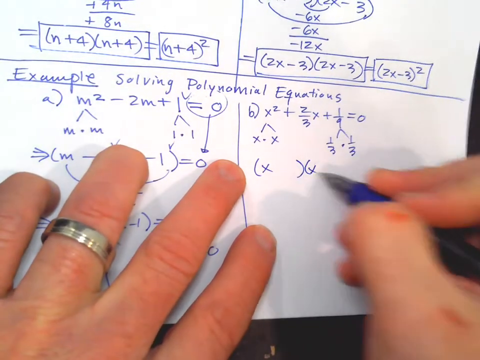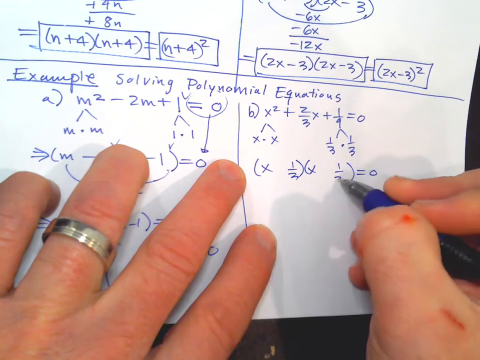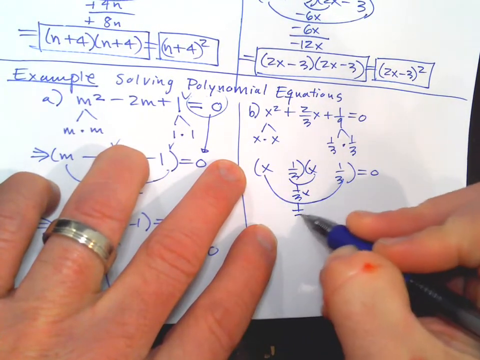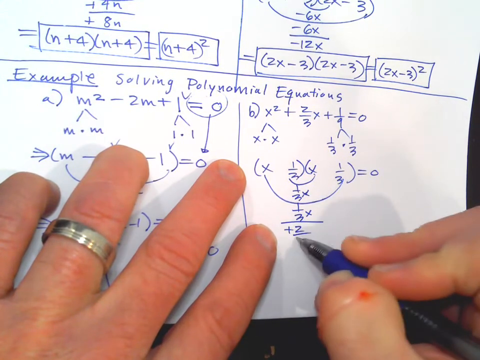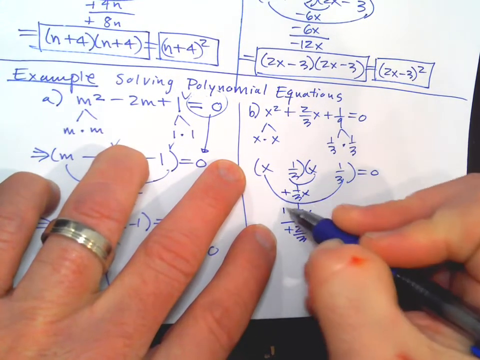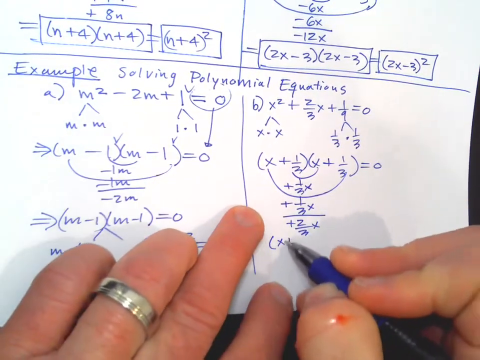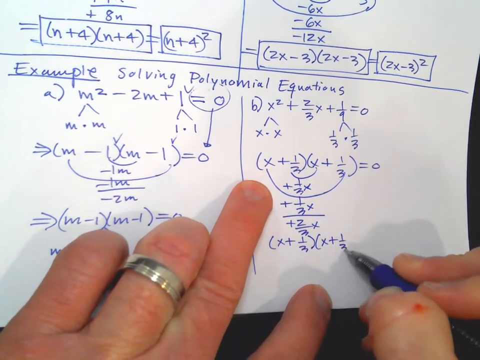So still have that equal 0, 1/3, 1/3. So you've got 1/3 x, 1/3 x. It's got to add up to positive 2/3 x. So they're both going to be positive. And so we have x plus 1/3, x plus 1/3 equals 0.